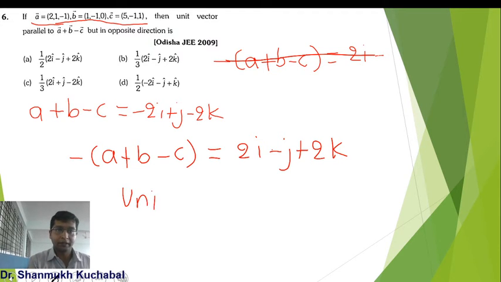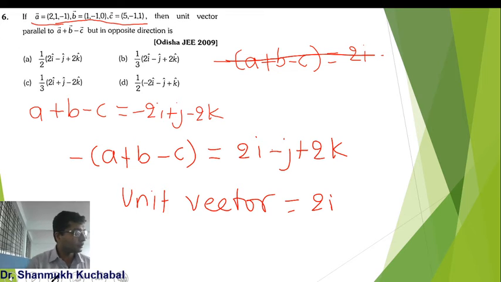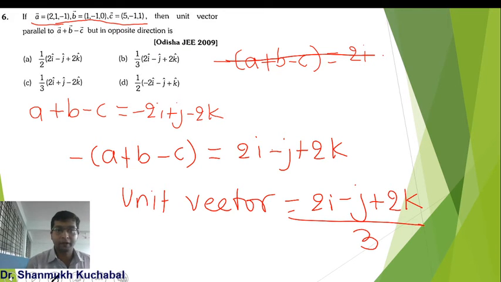So unit vector equal to the given vector 2i minus j plus 2k, divided by 3. Therefore clearly option B is the right answer. So first I calculated A plus B minus C. Opposite direction means we change the sign. For the unit vector, it is divided by 3. Option B is the right answer.